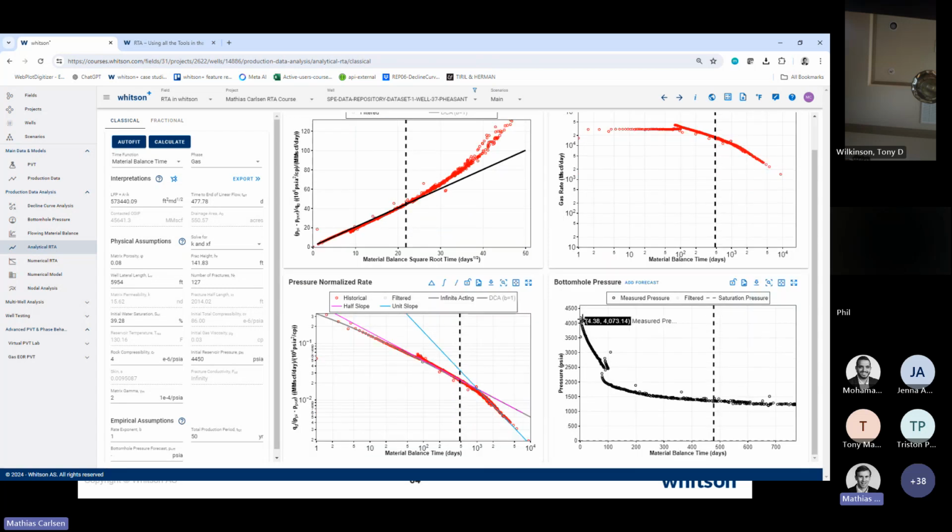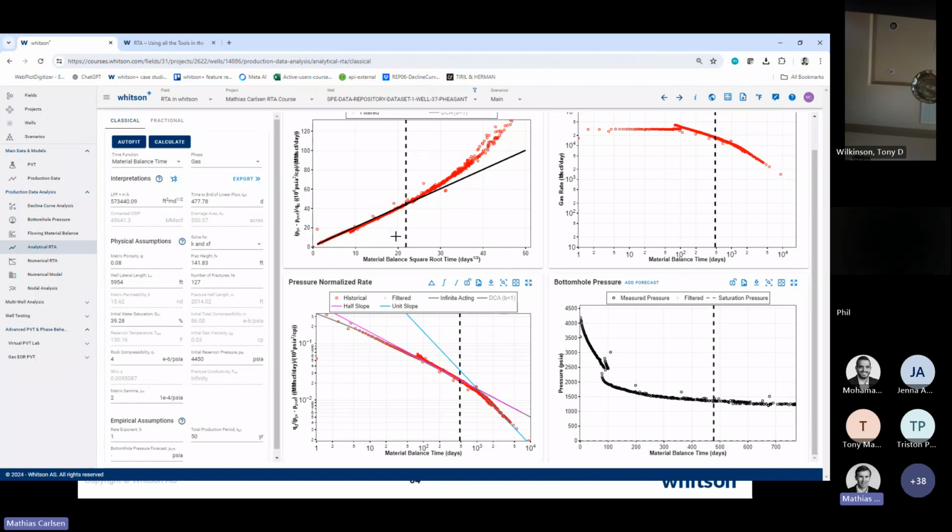And it's the same thing here. Here we're going from 4,200 down to 1,200 psi. I can guarantee you that none of the PVT properties here, viscosity, compressibility, will be the same for a gas system. So using PVT properties at initial reservoir conditions is not correct. That's just a given, and that's something that will be solved with numerical RTA. That said, you can still use these properties for well-to-well comparisons.